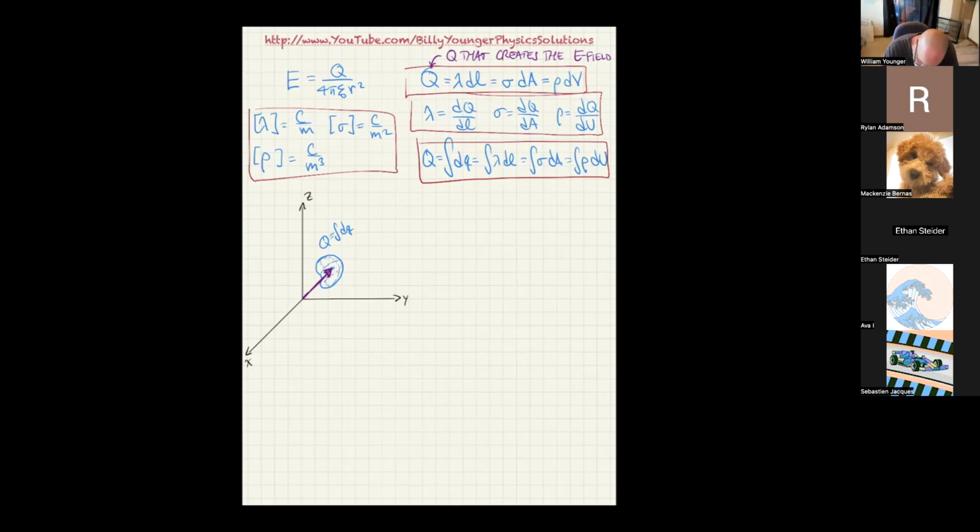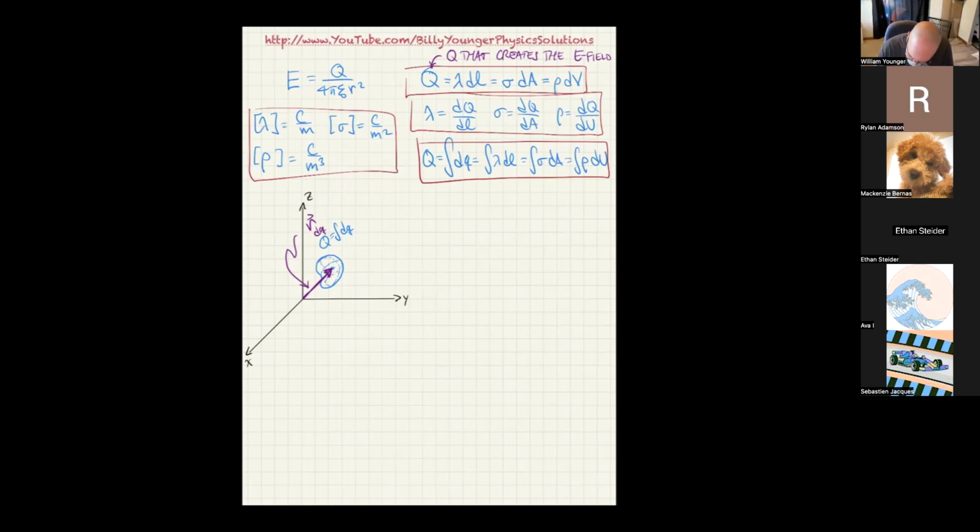So I'm going to call this vector right here r sub dq. It's the vector that points to the differential charge element that's relevant at that particular point in your integration of dq. It could also point ultimately just to the center of charge. But what we have to do is allow this dq to hit all the infinitesimal points in that kidney bean shape.